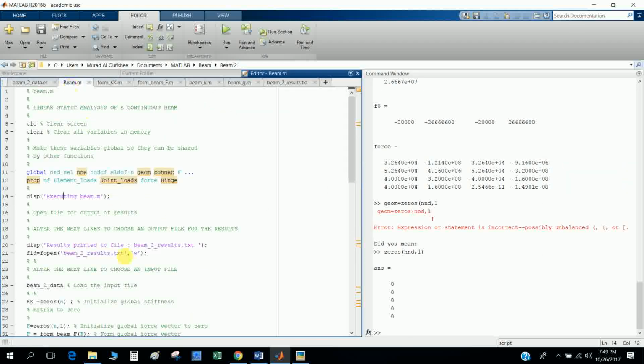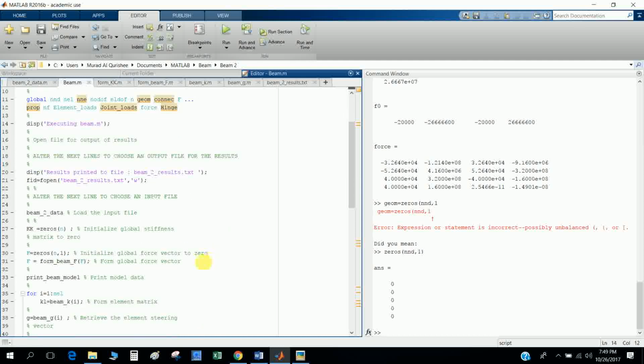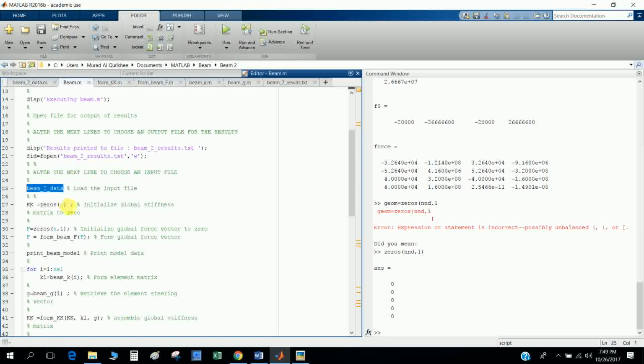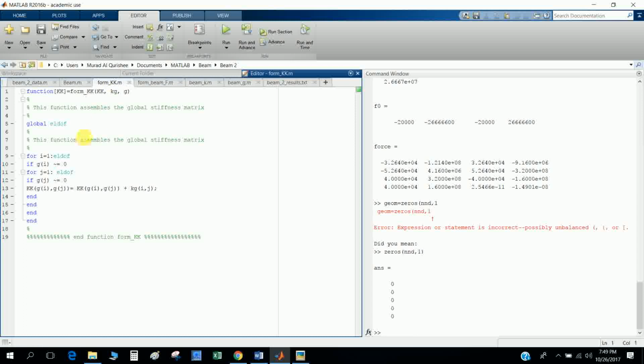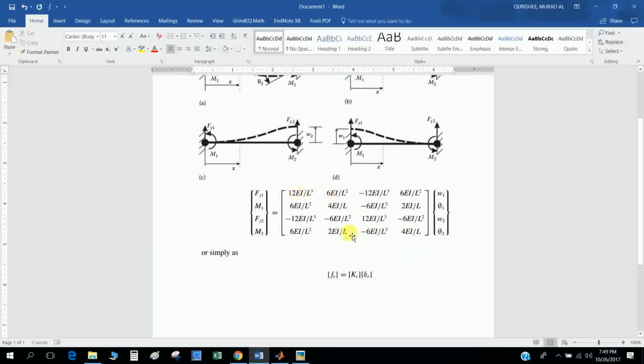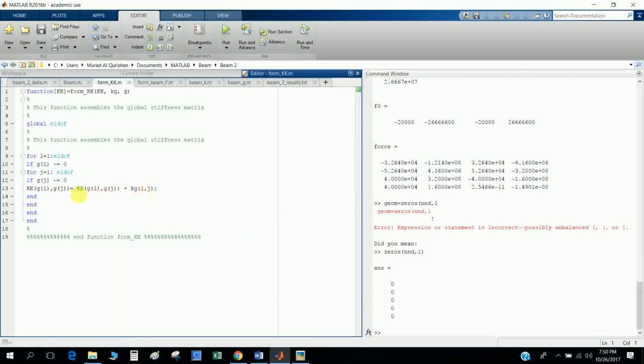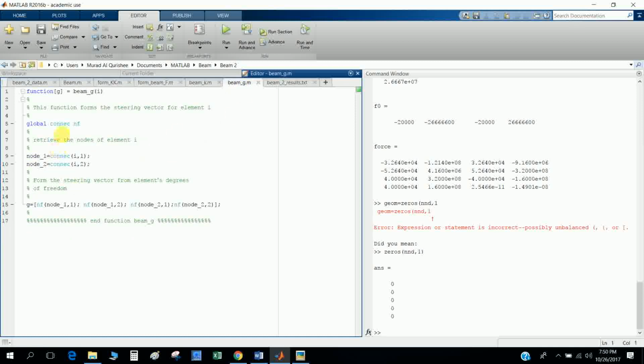Going to the main file again, here I call this file beam to data. And this file is the global stiffness matrix. Let's go there. I talk about this matrix. Mainly they define this according to G. So let's go to G here, the global connectivity matrix, node number 1, node number 2, and the connectivity matrix is here.